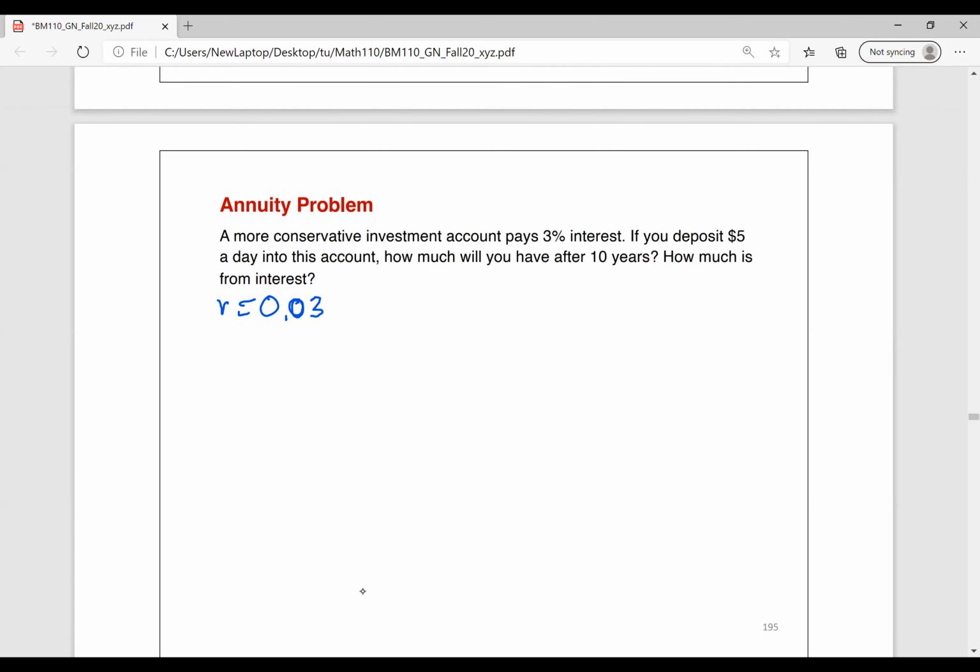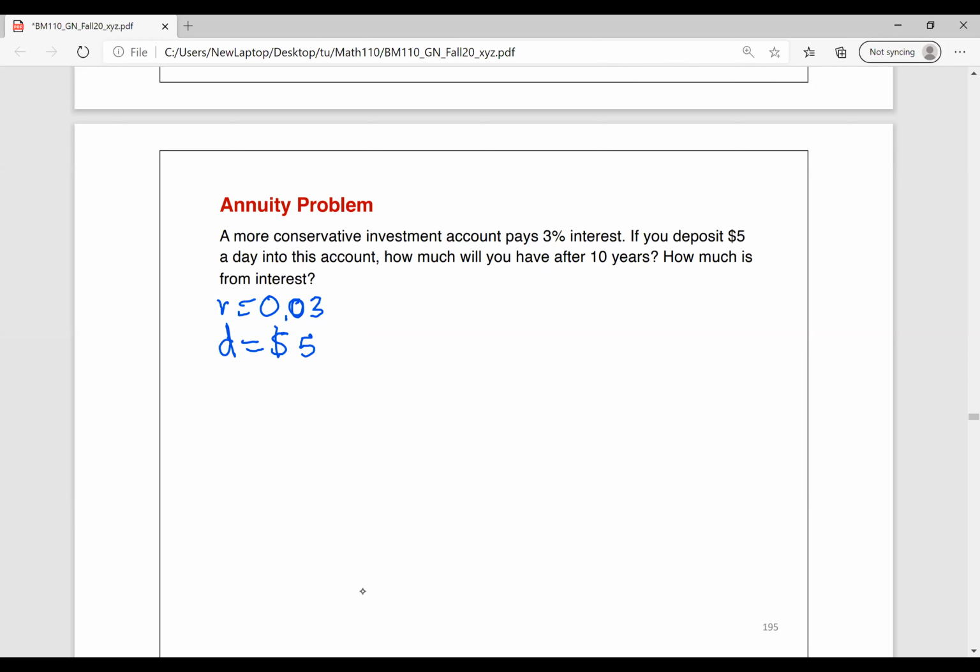If you deposit $5 a day into this account, D equals $5. How much will you have after 10 years?